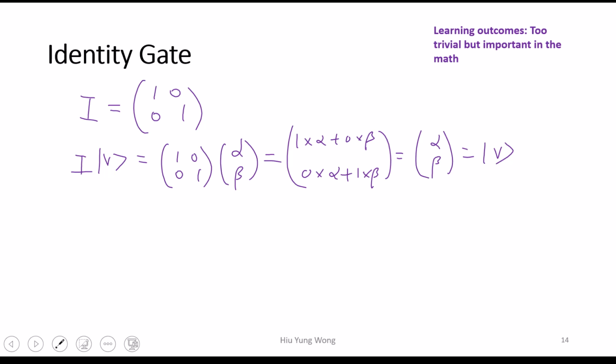Very simple, right? Done. But we learned the basics.